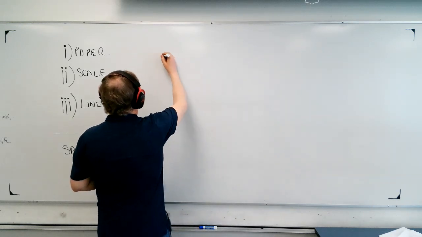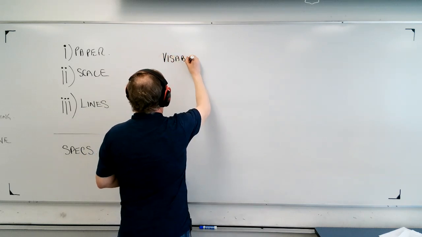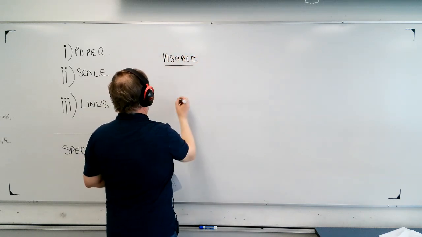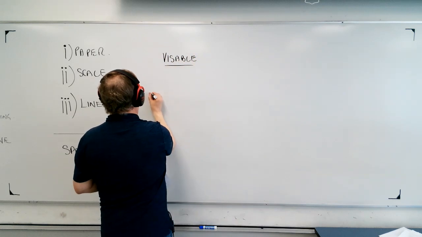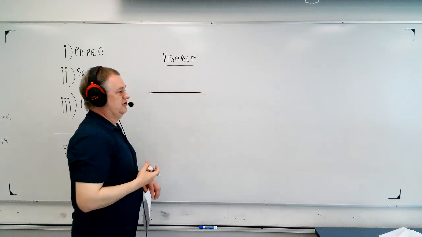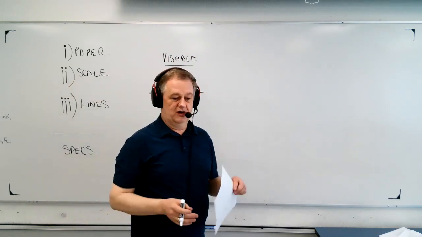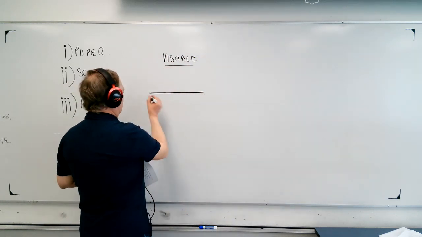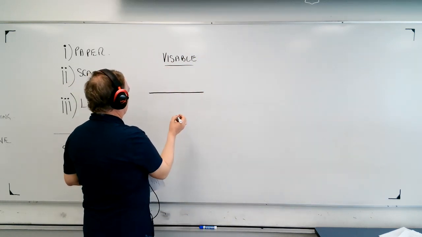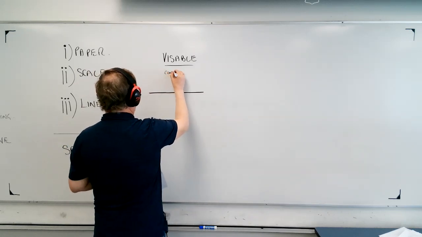First of all, we have what is called the visible line. This line is normally just a solid dark line like that, and it's used to show the edges of items that are being drawn, okay? So you're drawing an object. It's also sometimes called a construction line.